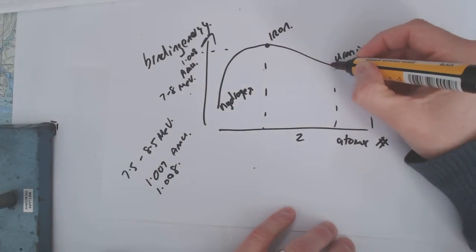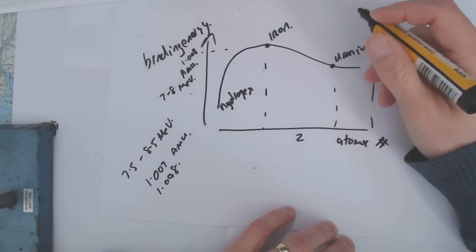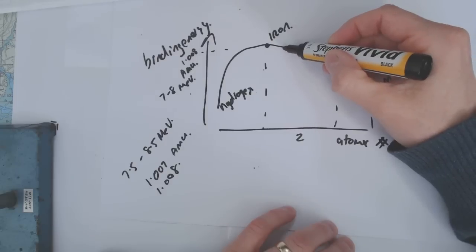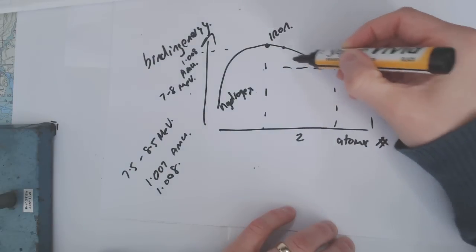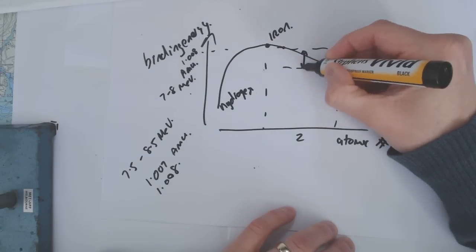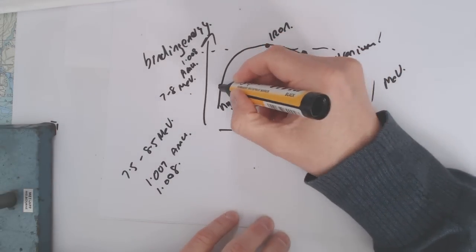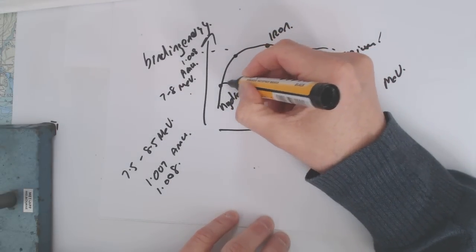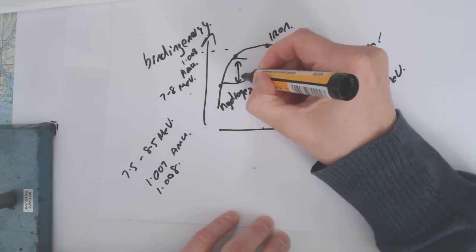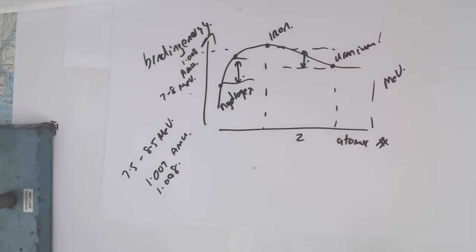Now the thing is, that means that something like uranium, if it splits into 2 smaller nuclei, there's going to be this energy release as it gets a bigger binding energy. And the same thing over here, if we get 2 smaller elements and they combine, there's going to be this energy difference, an energy release, as we get a lower potential energy, a bigger binding energy in the nuclei.